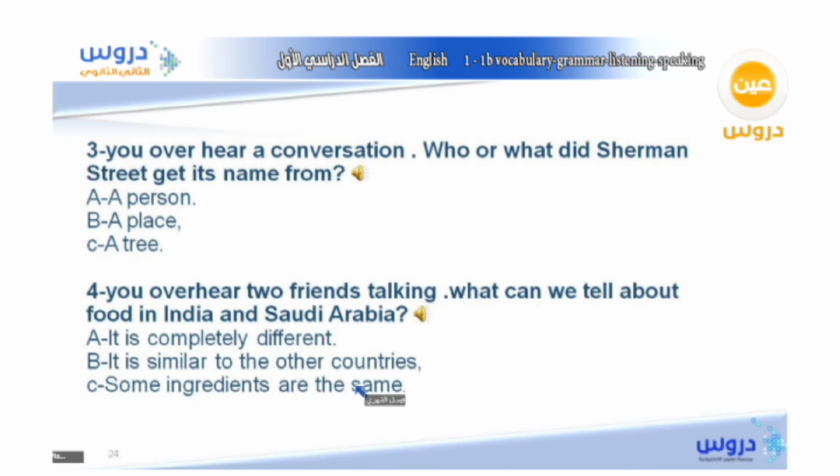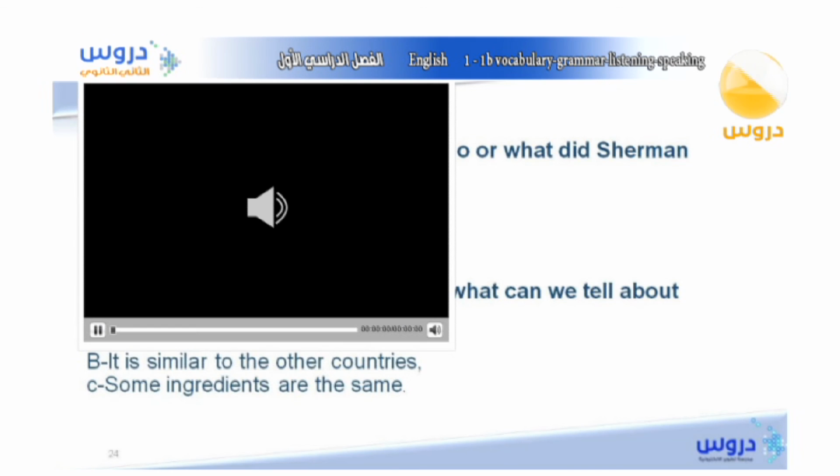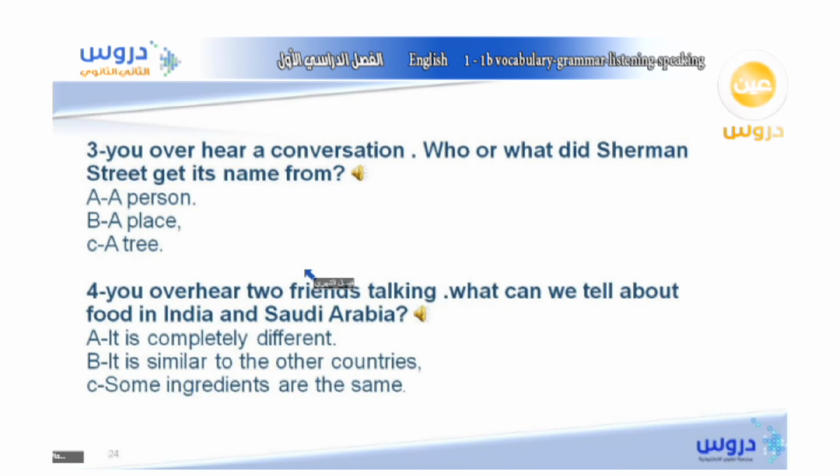Okay? And now we are matching the sentences. People used to travel on horses, but now we have cars and motorbikes. All I need you to know is to make sure that you know the difference between past and present.